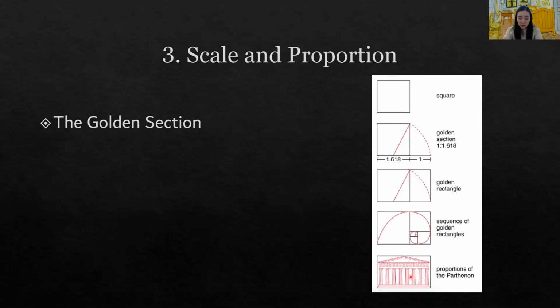The golden section is a unique ratio of a line divided into two segments so that the sum of both segments is to the longer segment as the longer segment is to the shorter segment. The result is 1 to 1.618. So you can create the same ratio in this golden section.